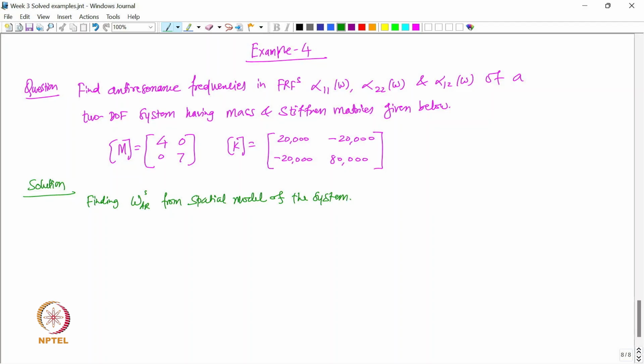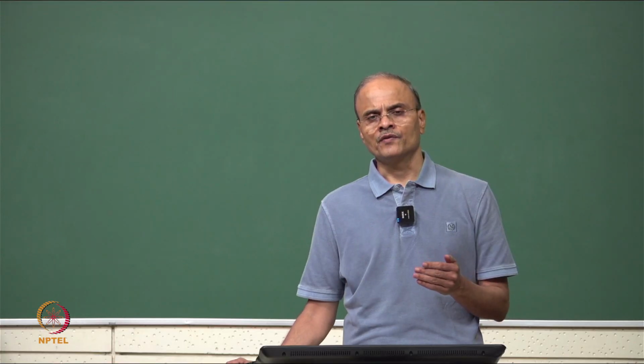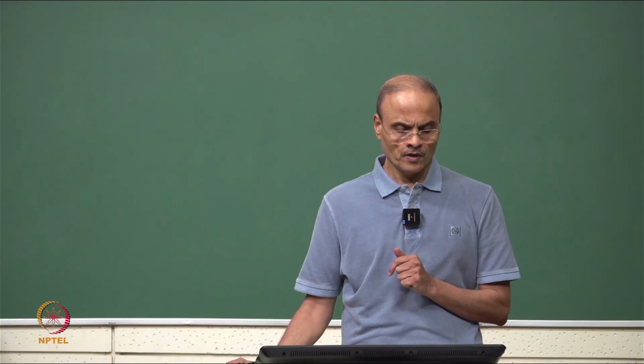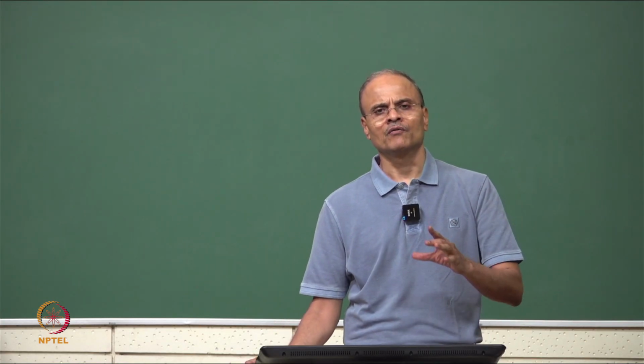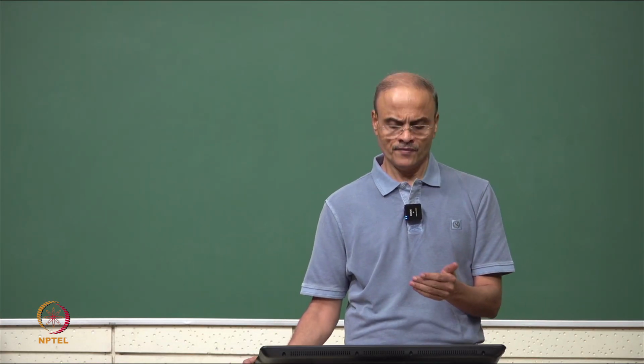So, this requires understanding of what we studied in the lecture classes, how anti-resonance frequencies can be found from the spatial model. For the benefit of all, I am just giving a quick summary of that theoretical background, right.